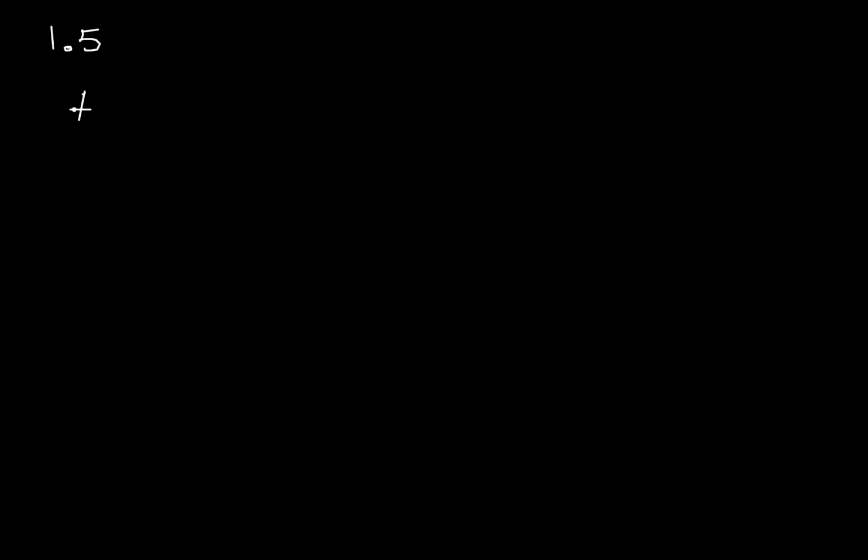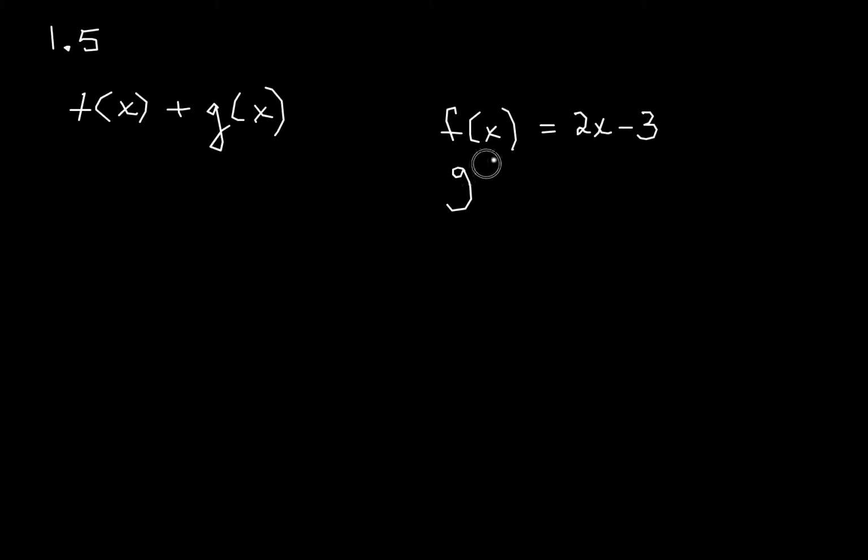So if you have f of x plus g of x, and they tell you ahead of time that f of x is 2x minus 3, and g of x is equal to x squared minus 1, if it asks you to add them together, you simply add the functions together, and you're going to get negative 4, and this would be x squared plus 2x.